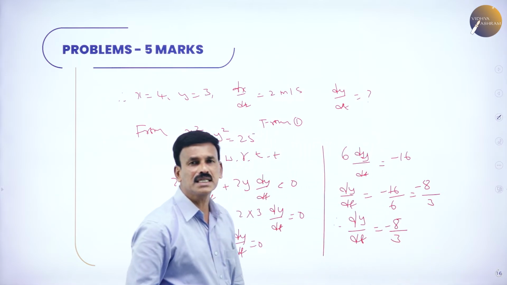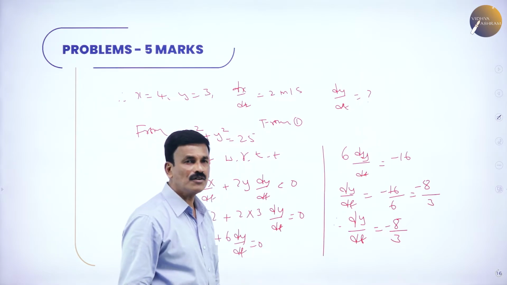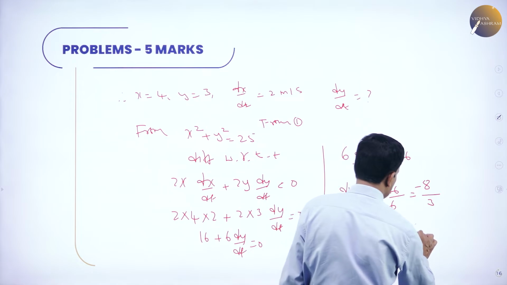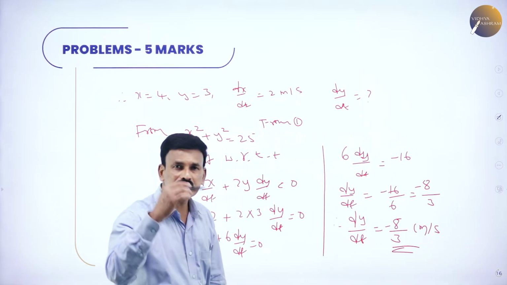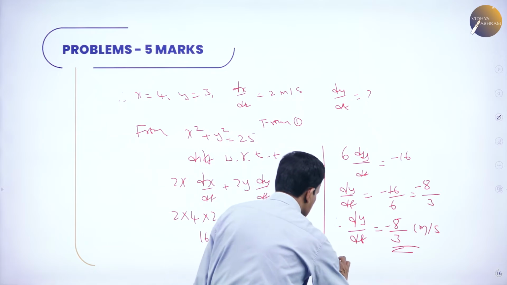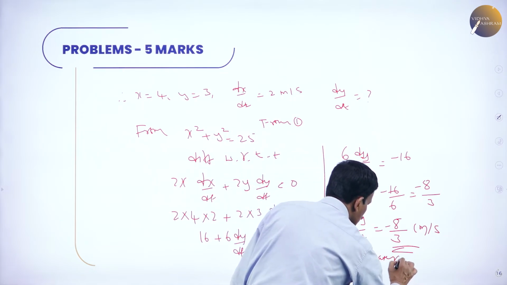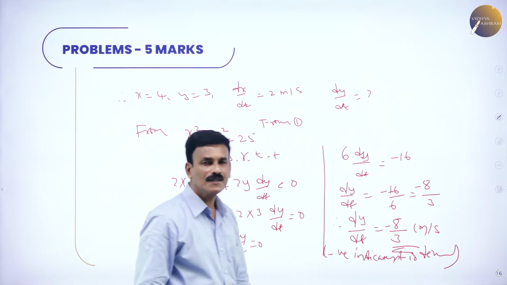Negative sign indicates it is decreasing. So the rate of change of the side y is minus 8 by 3 meters per second. The negative sign indicates it is decreasing. Okay, hope you followed.